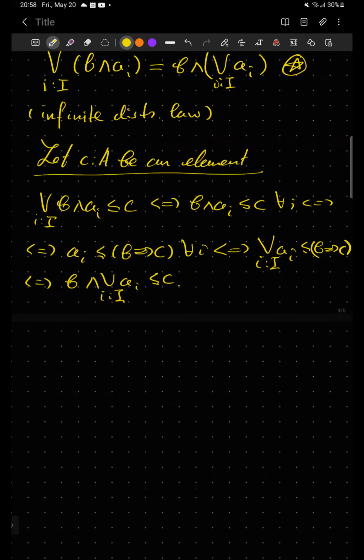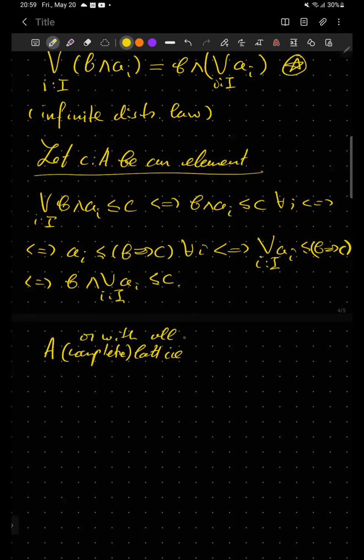Okay, so it is not complicated to show that if A is a lattice with arbitrary supremums, then A is in fact a complete Heyting algebra with implication operator given by the following formula. So A is a complete lattice, or even a lattice with all supremums, complete.